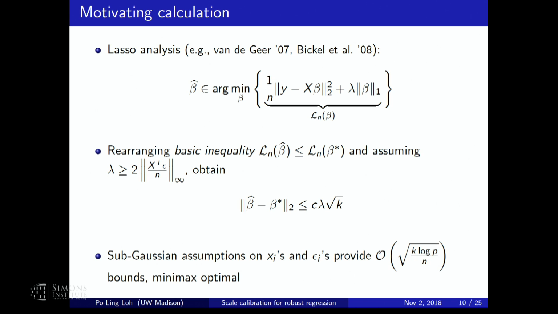And if my epsilons are sub-Gaussian and my X's are sub-Gaussian, or maybe I have a fixed design and my X's are well behaved, then with high probability this thing is bounded like square root log p over n. And so then everything is great, because if I choose lambda correctly, then the bound is like square root k log p over n.